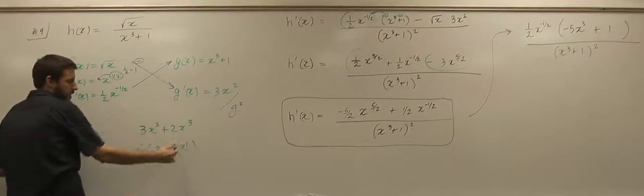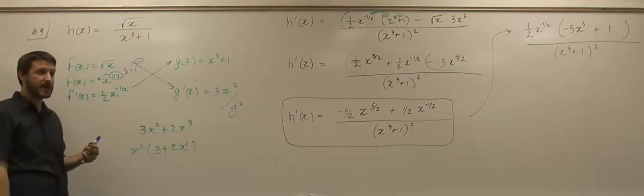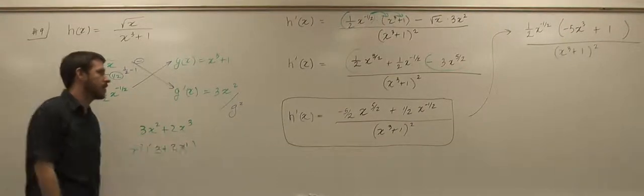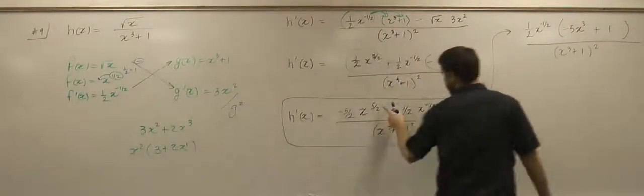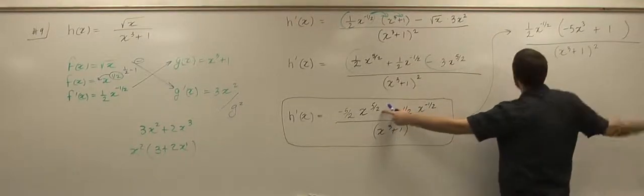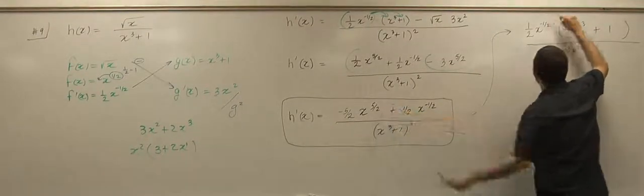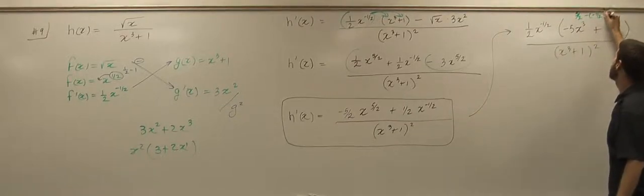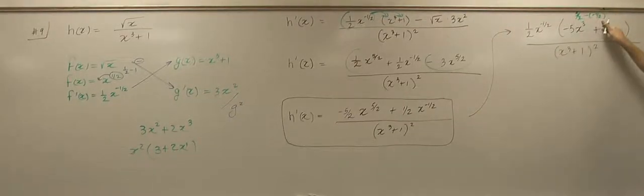How did you get this exponent? You subtracted, right? You took 3 and you subtracted 2, and you got 1. So over here, what you have to do is take 5 halves and subtract negative 1 half. 5 halves minus negative 1 half is 6 halves.